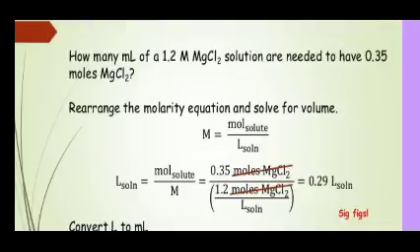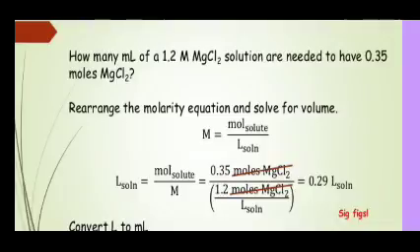Molarity of magnesium chloride is equal to 1.2 M. Number of moles of magnesium chloride is 0.35. Calculate the volume of solution in milliliters.